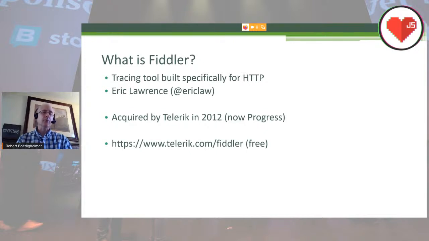So what is Fiddler? Fiddler is a tracing tool that was built specifically for HTTP or HTTPS. Eric Lawrence was actually working on the clip art team for Microsoft. And people would order clip art years ago, and they would try to download it and something wouldn't work. So they would call his staff, and he noticed that there were no good troubleshooting tools at the time.